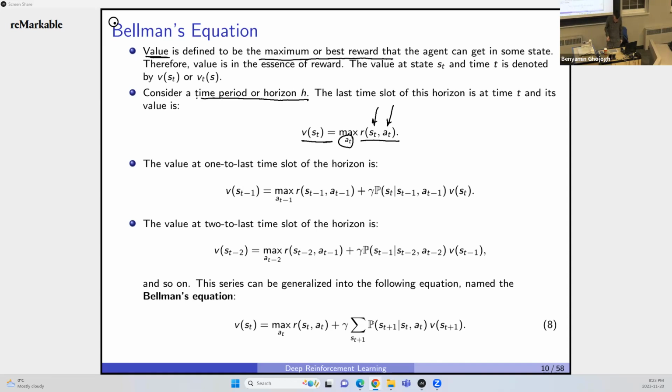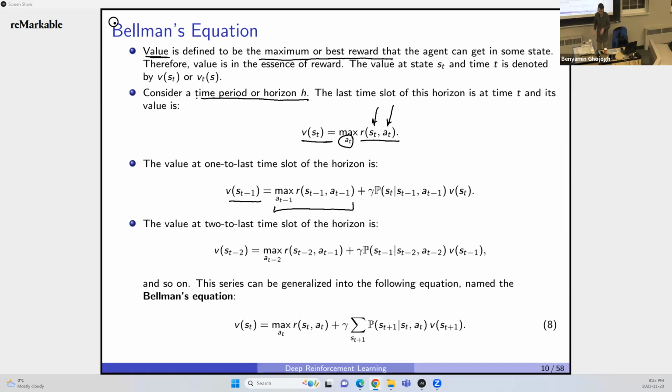Now, let me come one step back in the horizon. So V(S_{T-1}). What happens? This part is the same as before. Again, you are in the state S_{T-1}, what action A_{T-1} should I do to get the maximum reward? And this is not argmax, this is max. So it's in the essence of reward as expected, because the essence of value is also reward.